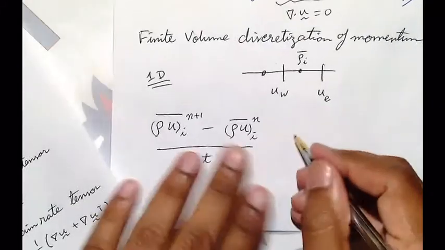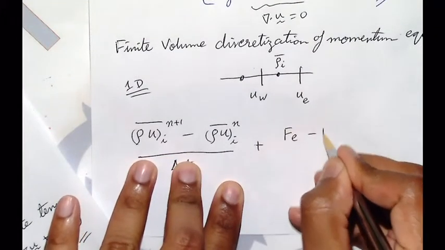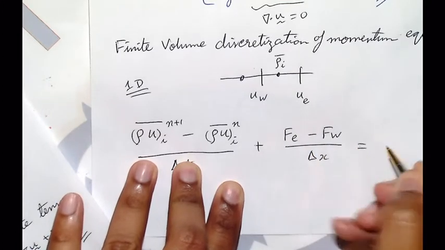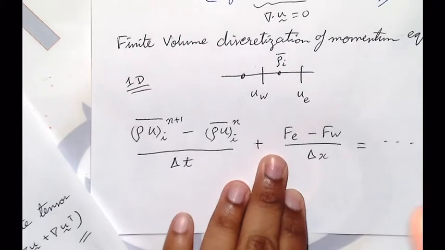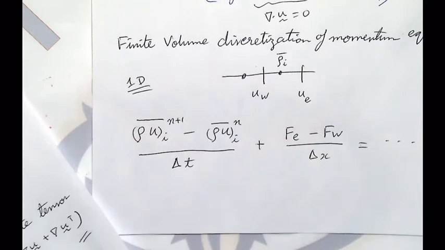So we can write flux east minus flux west over delta x, equals something. So again, this is a very general form, valid for finite volume in general. You just have to figure out what the flux is for the equation you're dealing with.